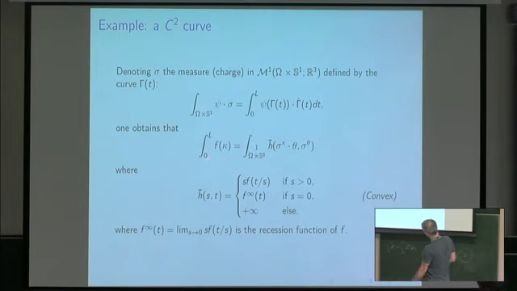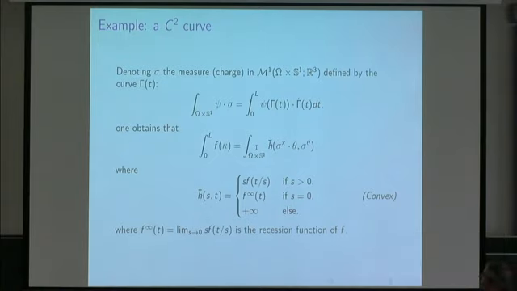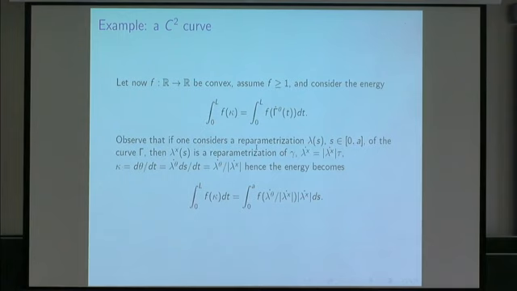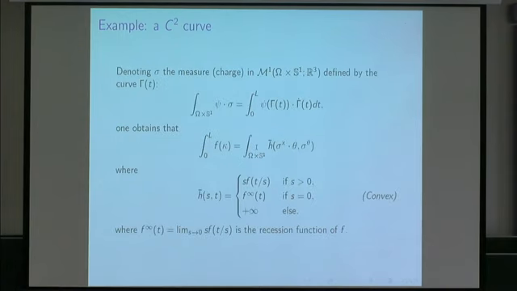So now I'm integrating on all omega times S1, but it's a fake integration. It's a measure which is carried by the curve, so it depends only on the values of the curve, of course. So this is 0 everywhere else. And I obtain that the integral of f of kappa is given by a convex function of this measure. And the convex function is precisely this one.